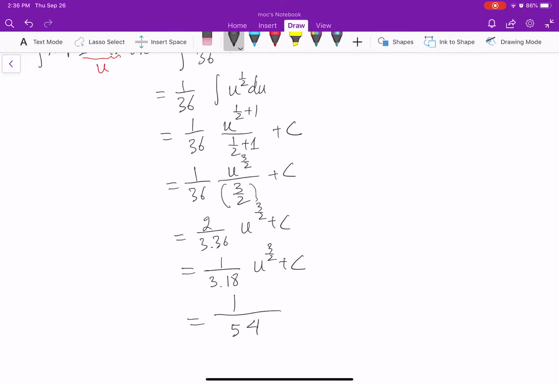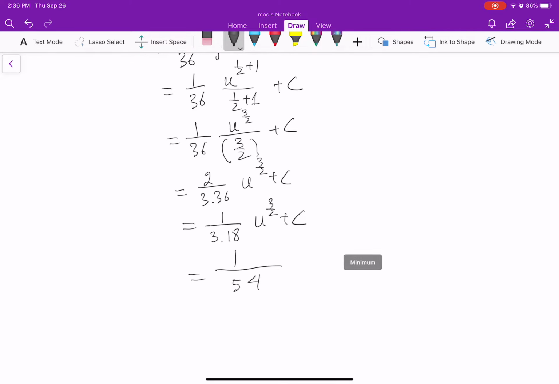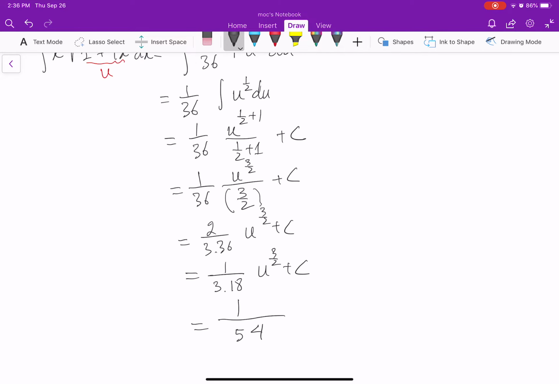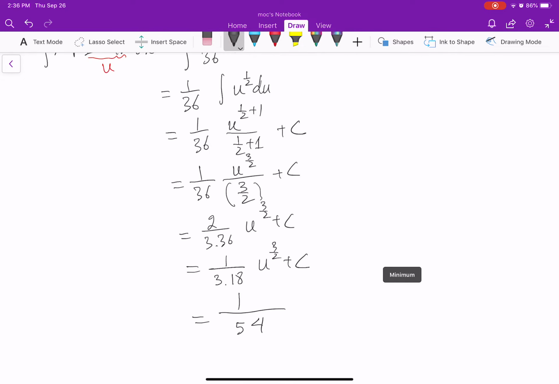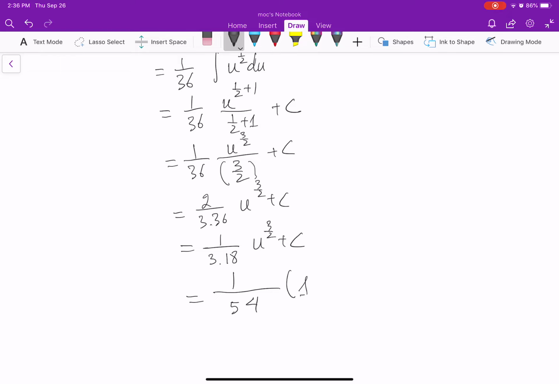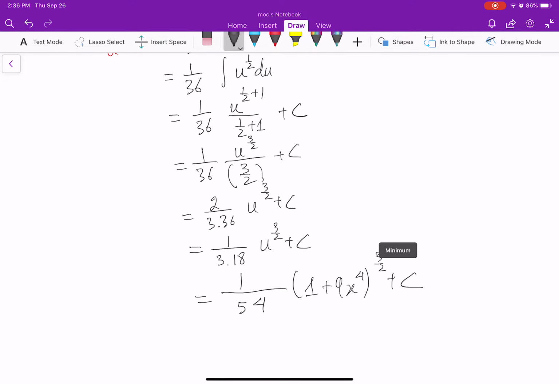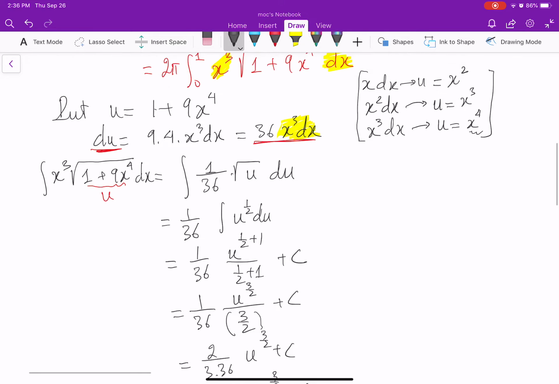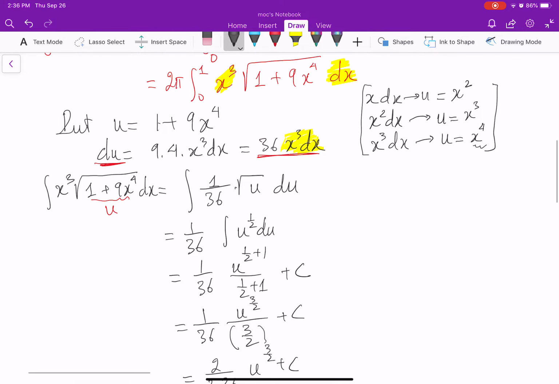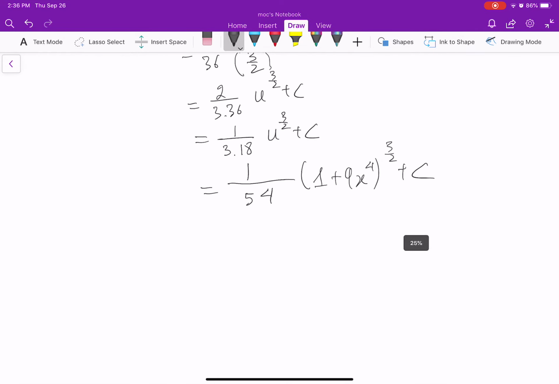I will bring our substitution back here, because our substitution is 1 plus 9x to the 4. So I have 1 plus 9x to the 4, to the 3/2, plus c. All right, so only at this step I will plug in integration limits, which are 0 and 1.